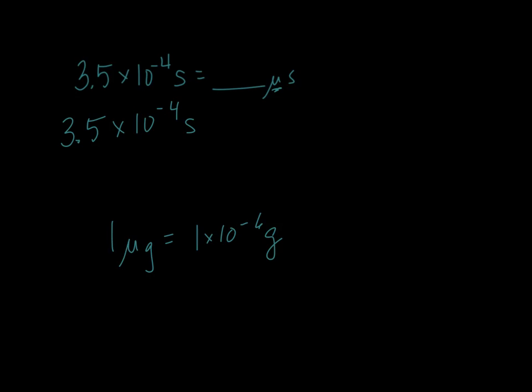Now, grams is just a base unit. It can be anything. It can be watts, it can be seconds, it can be bytes, it can be meters, it can be liters, it can be anything. So in this certain question, it's seconds. And so instead of using this, we would actually be using 1 microsecond is equal to 1 times 10 to the negative 6 seconds.